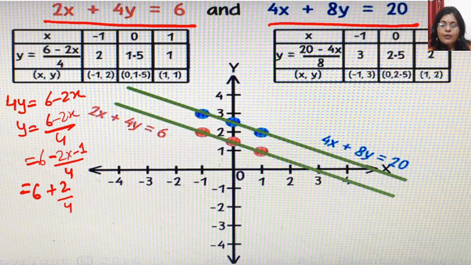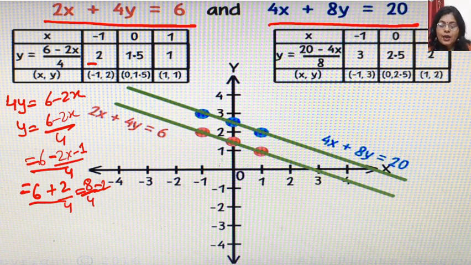In this way we can solve all these questions, and we can get the answer every time. 6 plus 2 is 8. 8 upon 4 is 2. In a similar way, we can get the solutions of the other coordinates also. By putting the value of x, we will get the value of y.